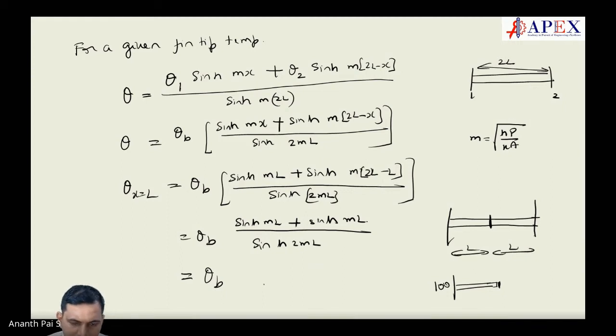So you will get, see here, 2 sinh ml divided by sinh 2ml, right? Observe here, theta variation is like this, right? Theta in the middle, right? e power x minus e power minus x divided by 2.